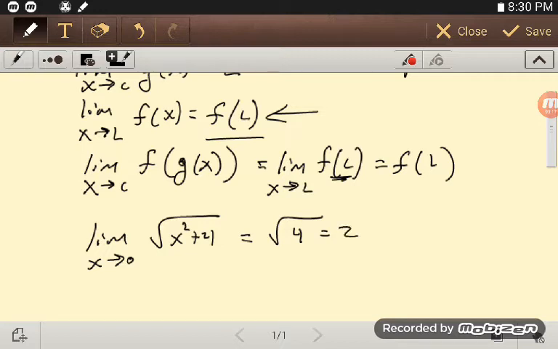Now, what they do instead is they say this is a composition, so they look at the limit as x goes to 0 of x squared plus 4, and they would go through splitting everything up to get 4.